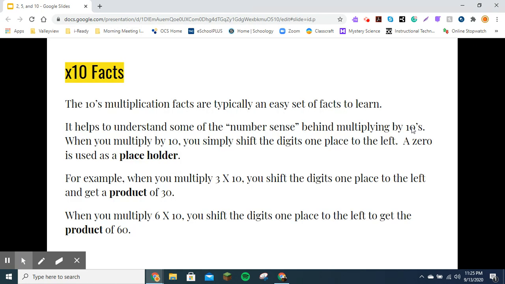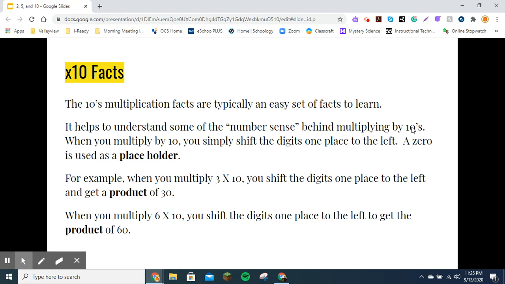Our next ones are the tens, the times 10 facts. These are also a pretty easy set of factors to learn, because what you're really doing when you're multiplying by tens is you're shifting or moving your numbers one place to the left. Now, why is it just one place?